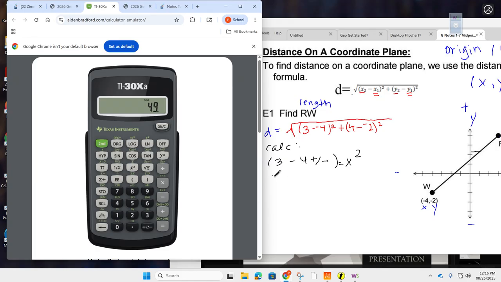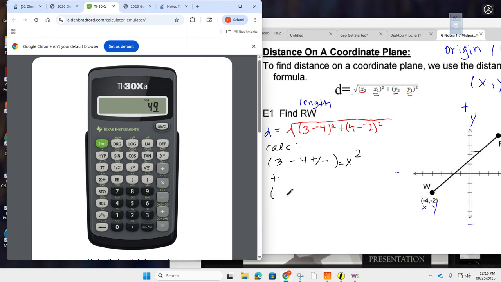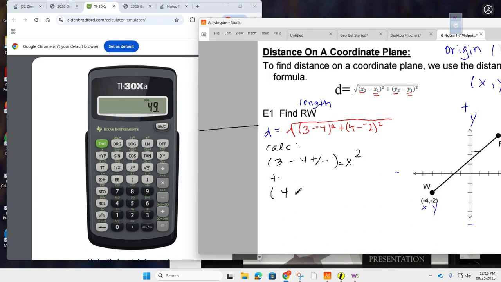Then we're going to do plus, and then we'll do our y. Plus, left parentheses, 4 minus 2, positive negative button, equals, and then x squared.